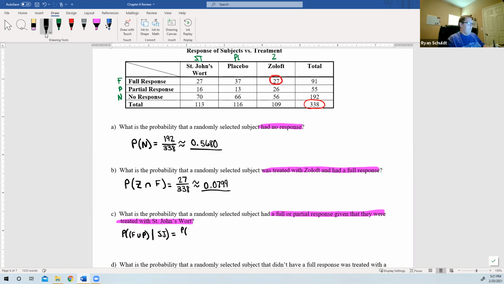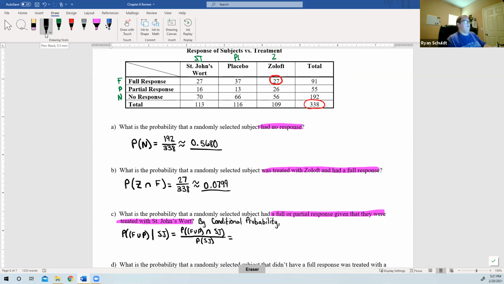So I probably should add that up here. By conditional probability, okay, so probability of full or partial and St. John's over probability of St. John's.